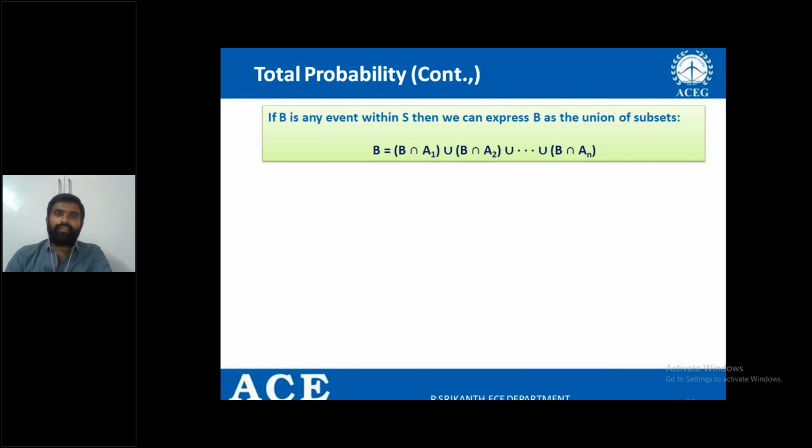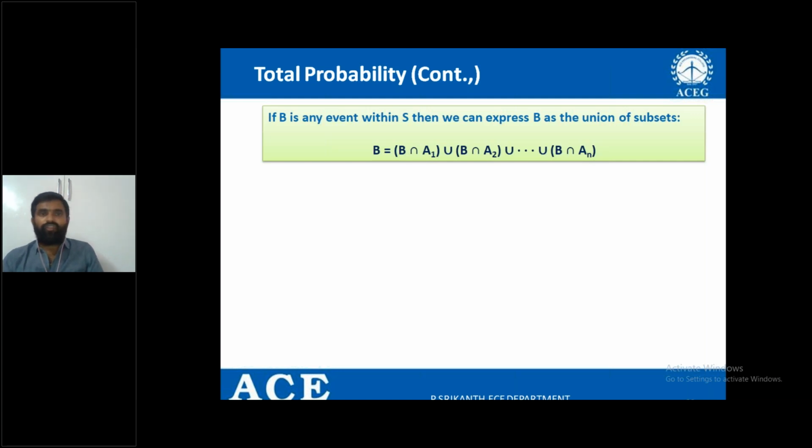So here B is equal to B intersection A1, the joint probability of B and A1, that is student and auto. Next, joint probability of student and RTC bus, and joint probability of student and college bus, right?